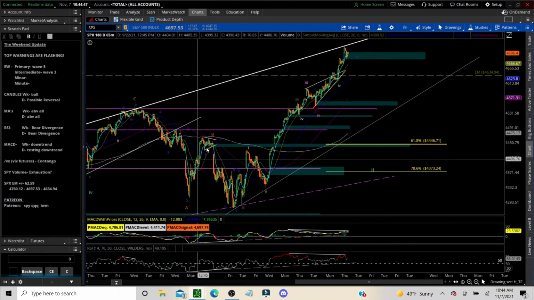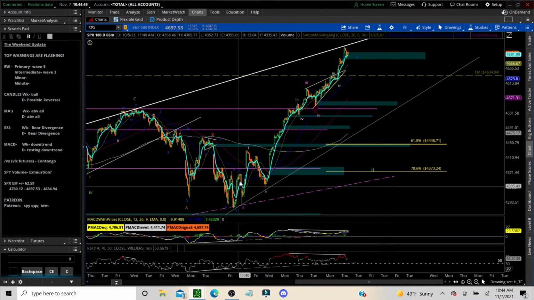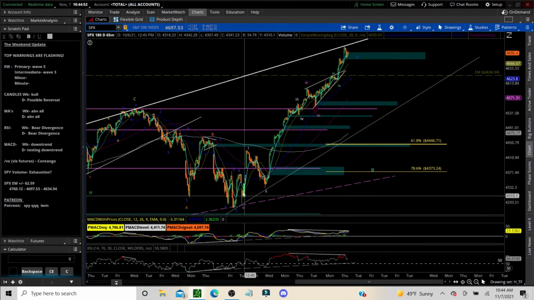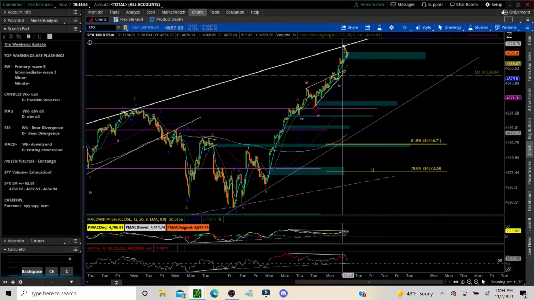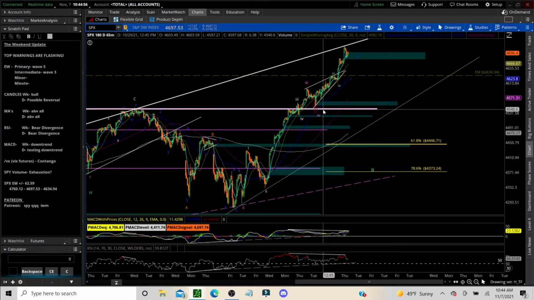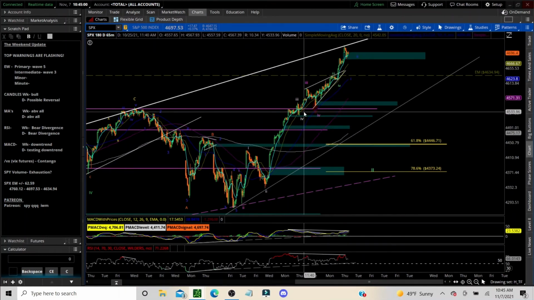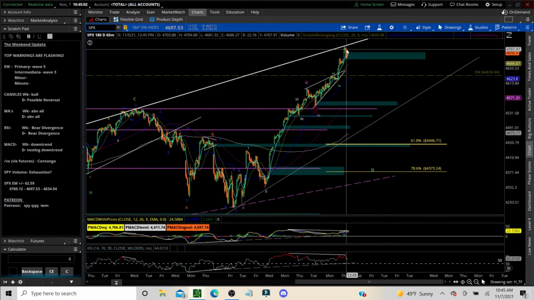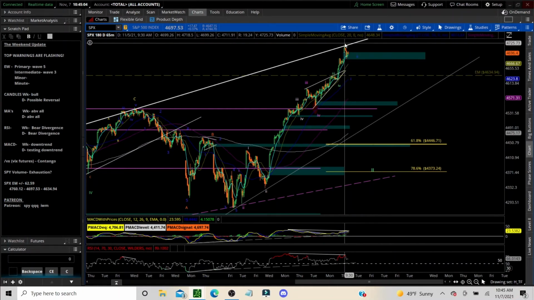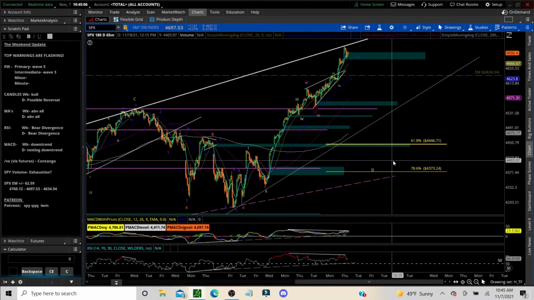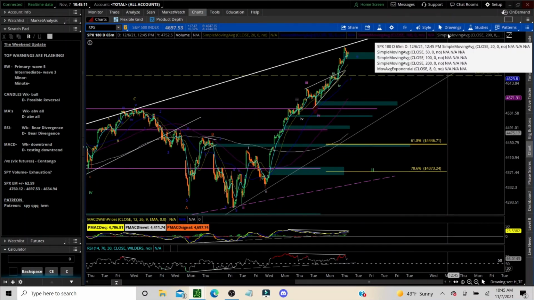We had our ABC correction so far, and then this is a possible wave count that says we're finished, and this would be the wave 1 end. So that would be 1-2, 1-2, 3-4, 3-4, 5 to end this full wave 1, and then a wave 2 might come all the way back to the golden zone before moving much higher in a wave 3.